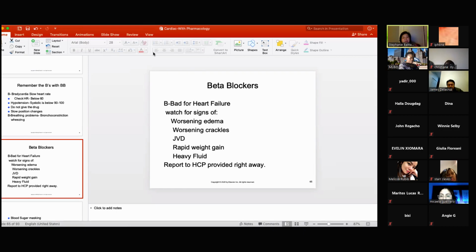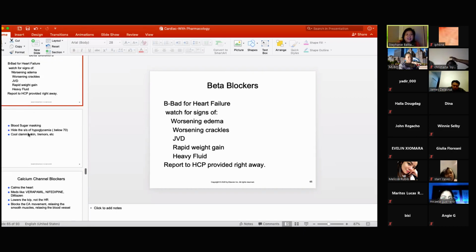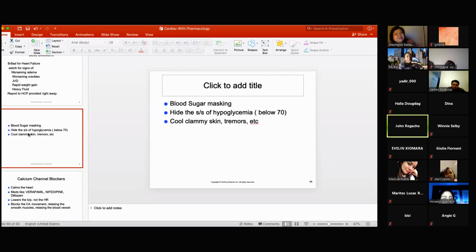So watch out for what is bad for heart failure: worsening edema, crackles in the lungs. You have to watch out for terms like worsening or new, okay? Because it will come up for you. The other thing, very distinct. I know this came out of your test also.